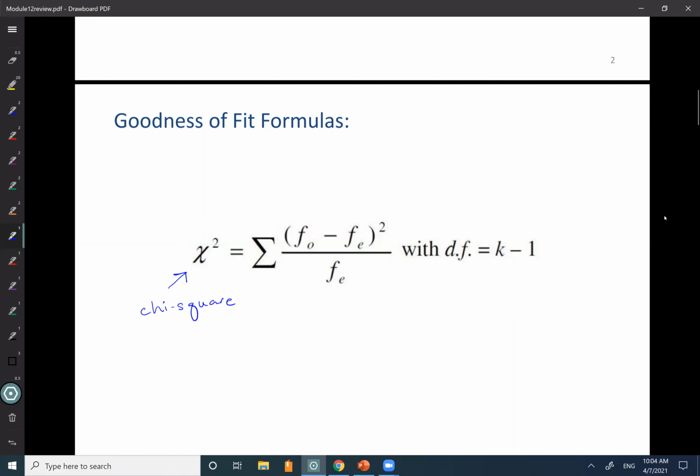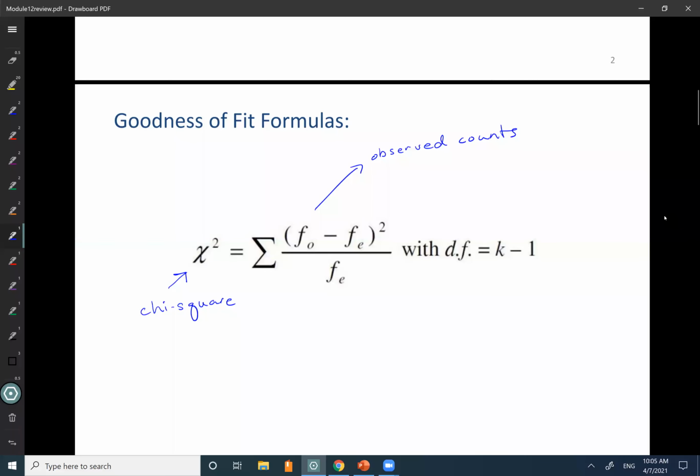This is F subscript O, and the O means observed, the observed counts. The notation of the textbook is F subscript O, but what it means is the frequency of the observed distribution. So we can also call it the observed counts.